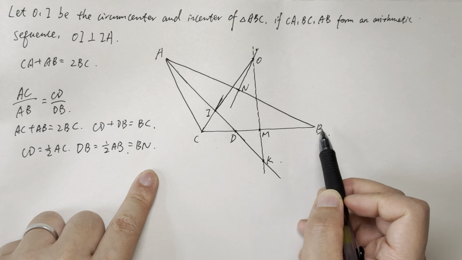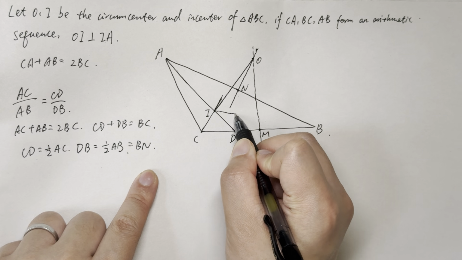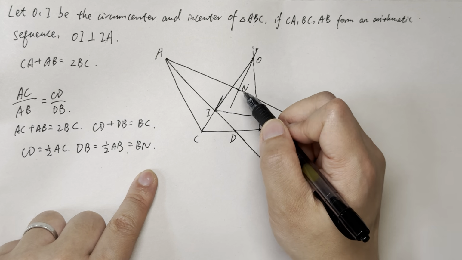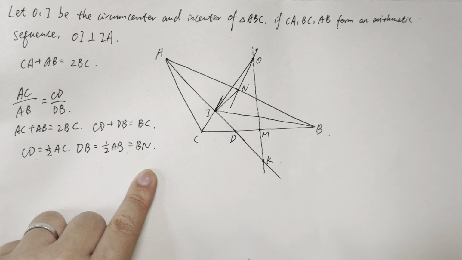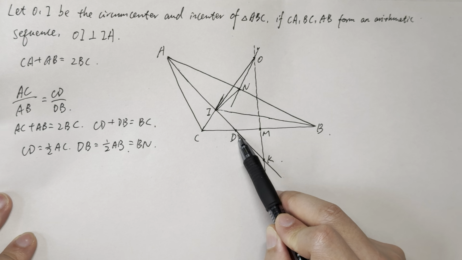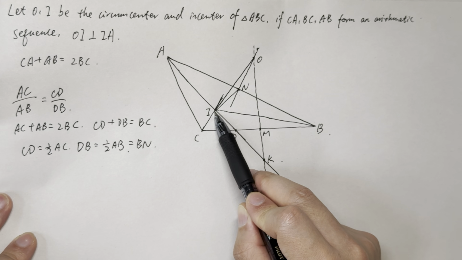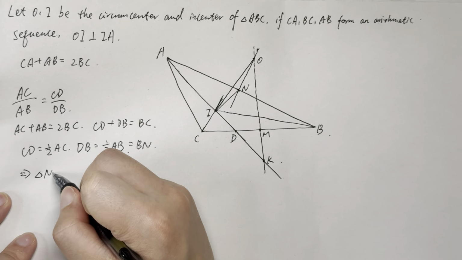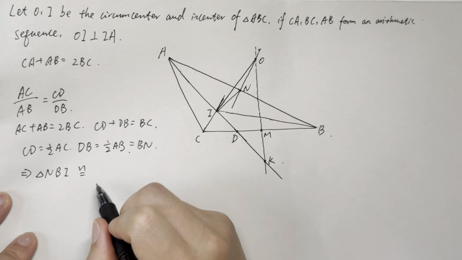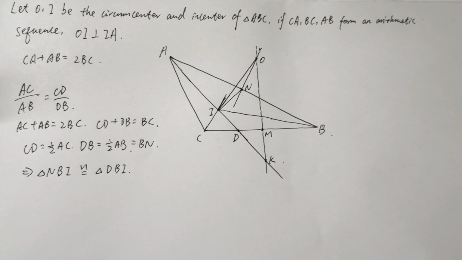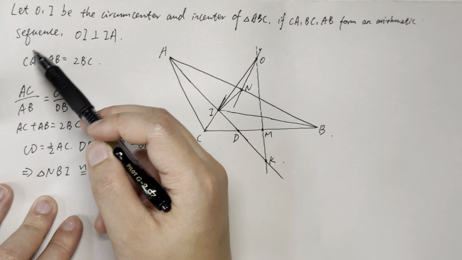And we already know that BI is the angle bisector of angle B. So if we connect IN here, we know that BN equals BD, and BI is the angle bisector of angle NBD. That means triangle NBI is congruent to triangle DBI. Right, that's what we can get so far. We don't know how to use it, but that's what we can get from this relation.